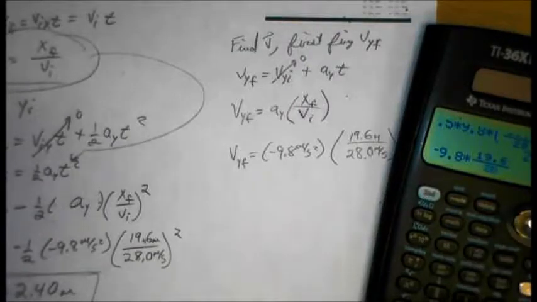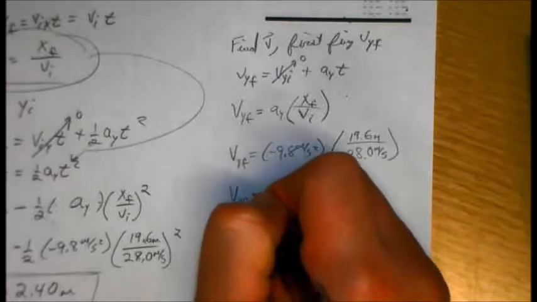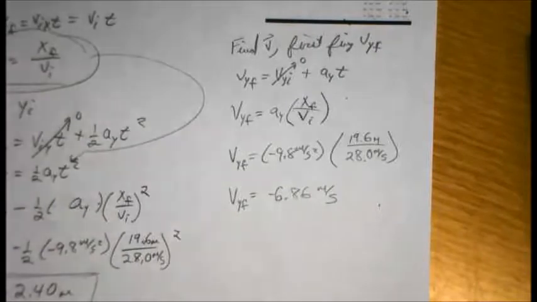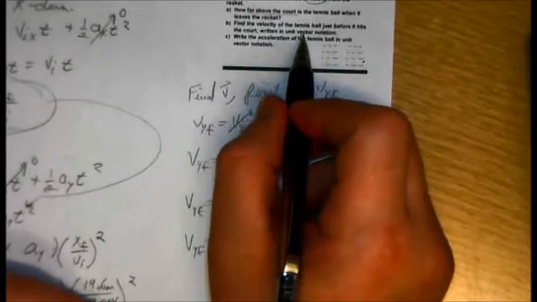Over 28, so it's negative 6.86 meters per second. It's negative though. Does that make sense? Well, yes, because it's downward. It's not upward, right? So the question then asks us, find the velocity in unit vector notation.